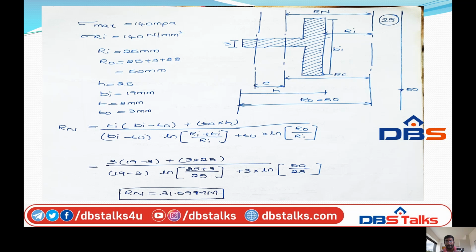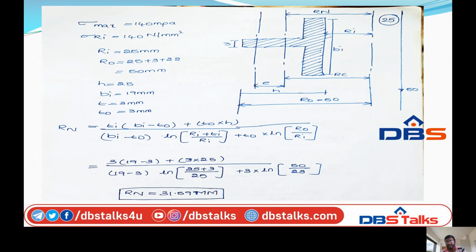So R naught is equal to Ri plus thickness t plus H. 25 minus 3 mm is 22. So R naught is the total length, which is 50. Ri is equal to 25.